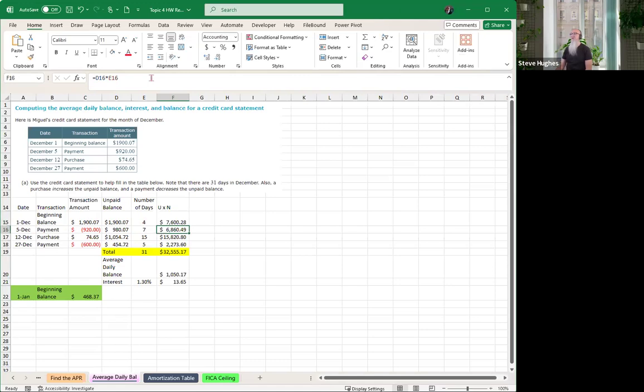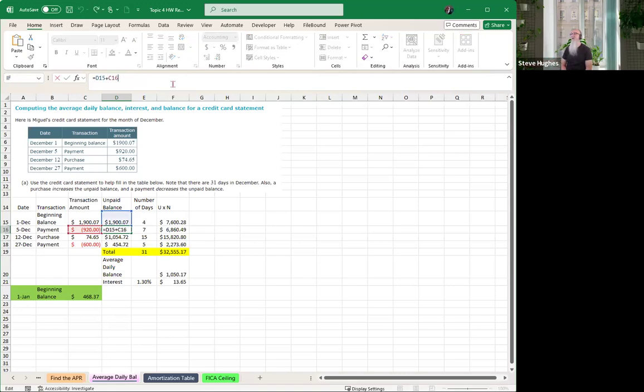Next, we see from the statement that we made a payment of $920. That's why it's negative. I'm showing it in red specifically to highlight that fact. Then we're going to add our formulas.